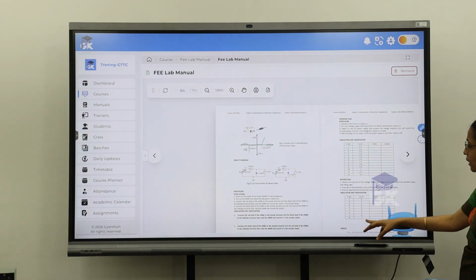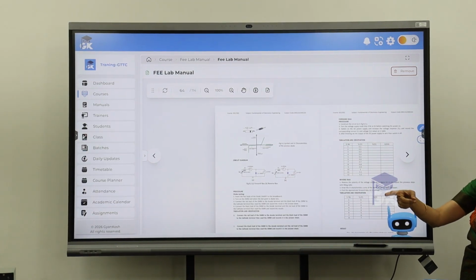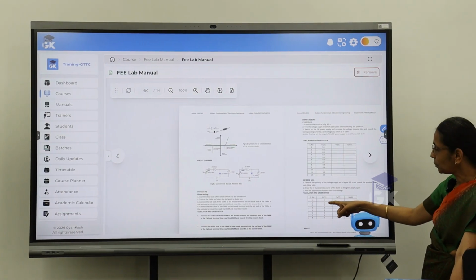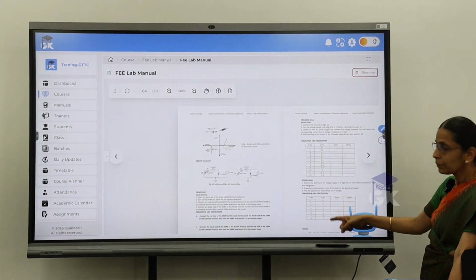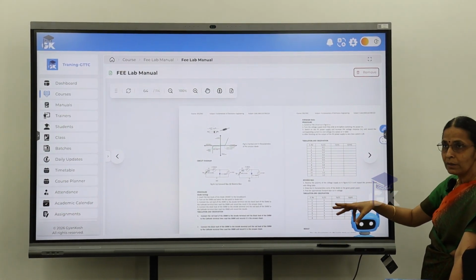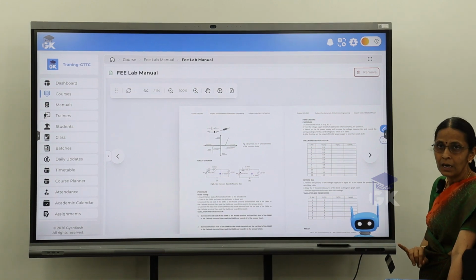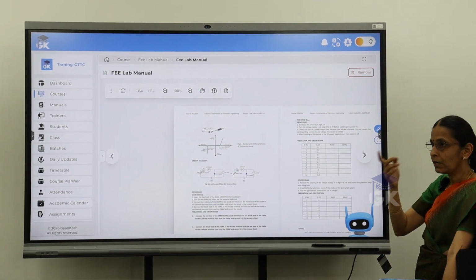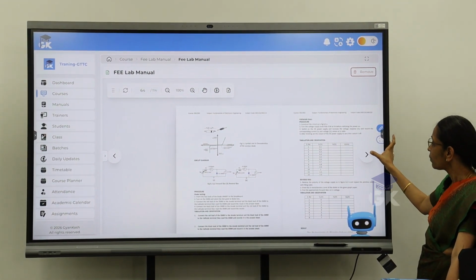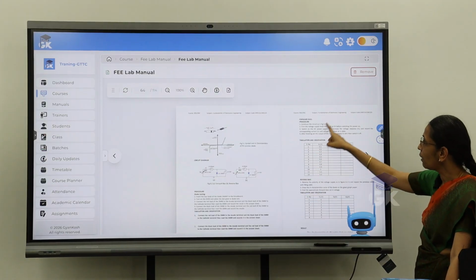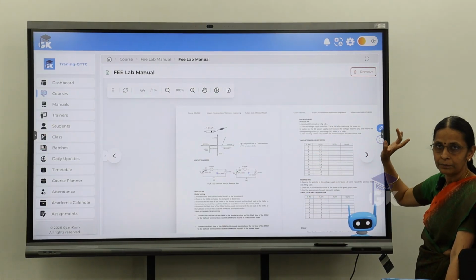Similarly, for the reverse condition, Vs is what I set in the supply, in steps of 0, 1, 2, 3, like that. Vr is the voltmeter reading, and IR is my ammeter reading. Then you can ask your students to draw the graph, and all the procedure is provided here.